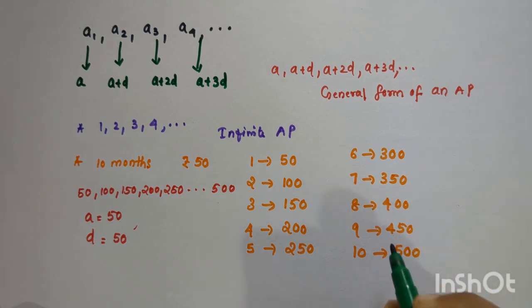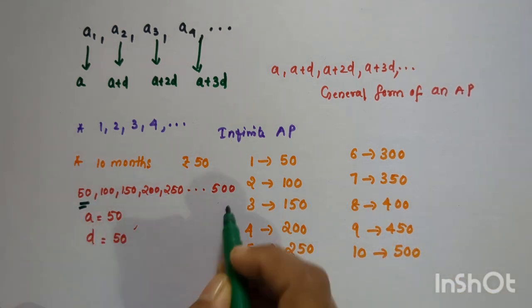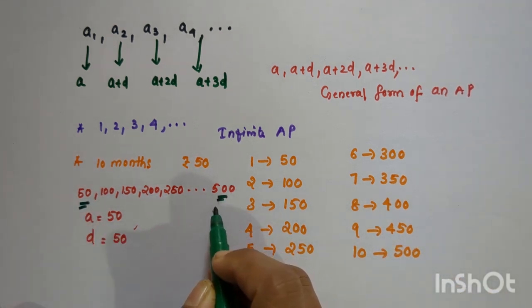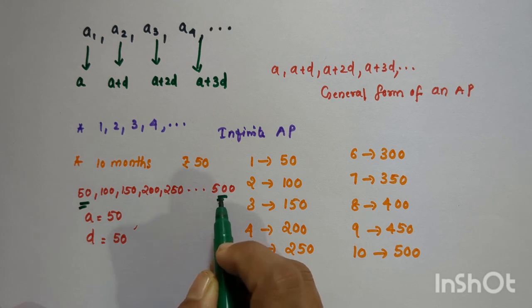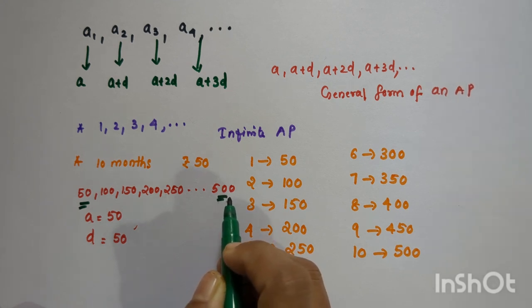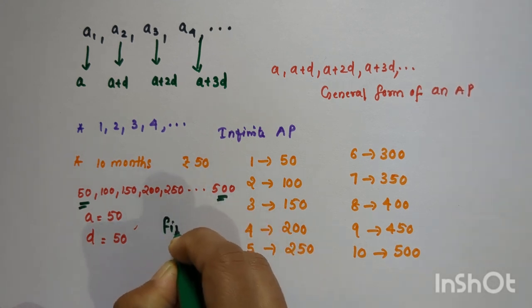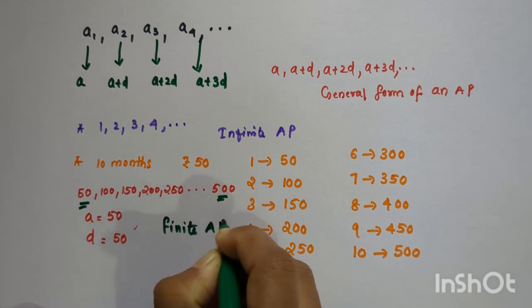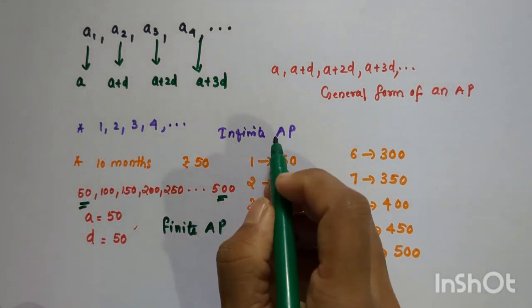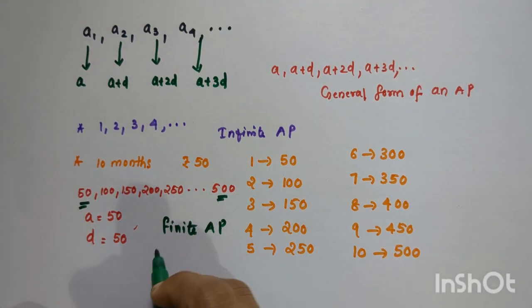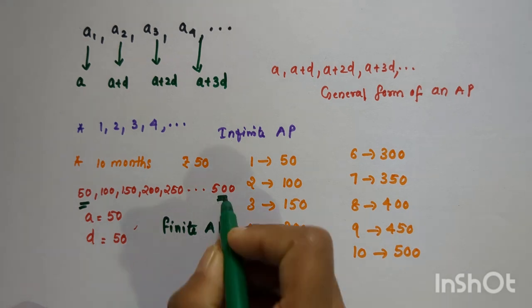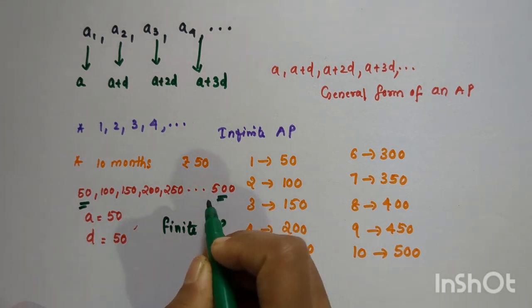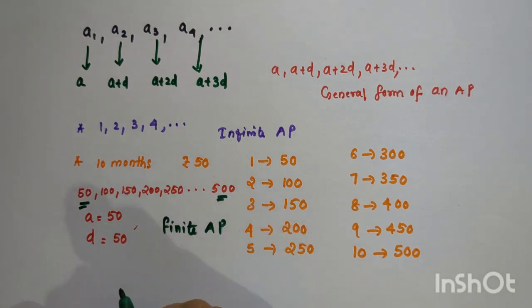The first term is 50 and the last term of this AP is 500. Such an AP which has only a finite number of terms is called a finite AP. For an infinite AP, there won't be any last term, but for a finite AP, there will be a last term.